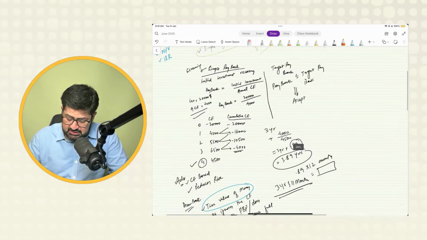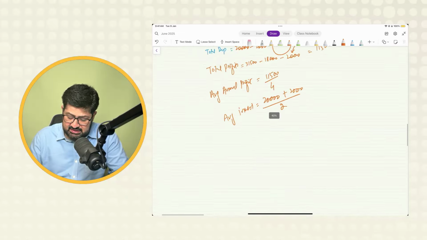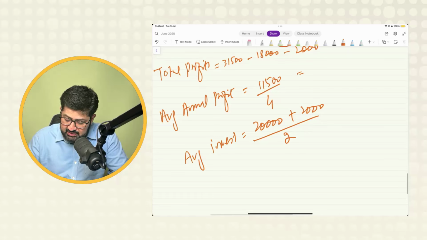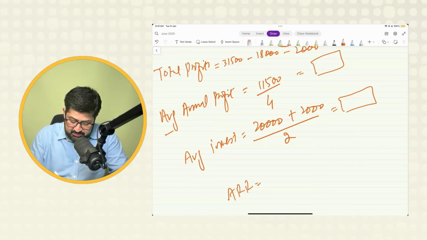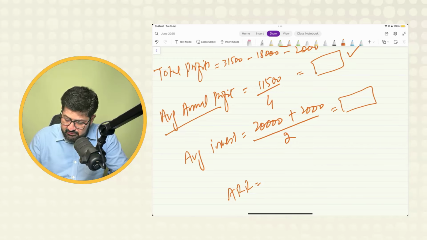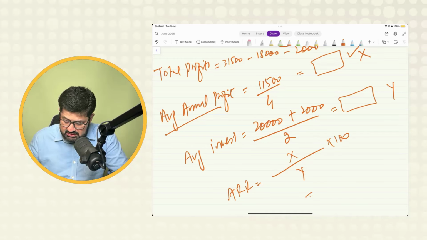Now this can be calculated and this can be calculated. Now put the figures in the ARR formula: average annual profit, for example X, average investment Y, X divided by Y into 100. This will be the answer.